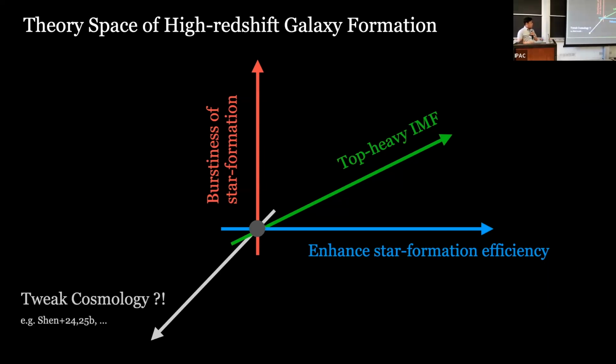Another direction that you can go is to tweak the cosmology. If you modify cosmology a little bit, this would systematically affect how structure formation proceeds. Halos build up earlier, so everything shows up earlier.